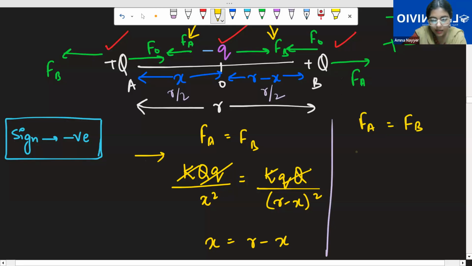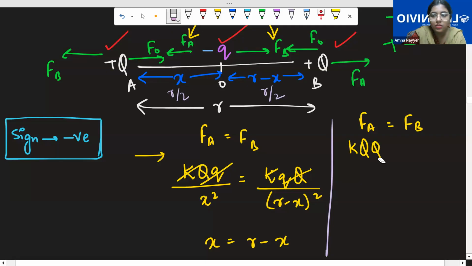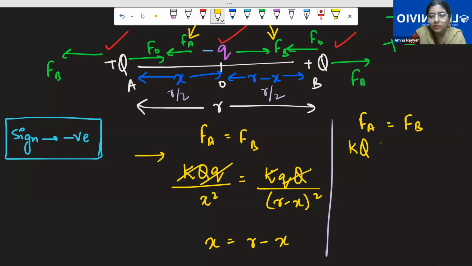K, capital Q, capital Q, not small q. These are your charges, Anisa. Plus Q, plus Q. You are calculating FA. What is FA? FA is the force between A and B. So tell me the Coulomb's law for these two.